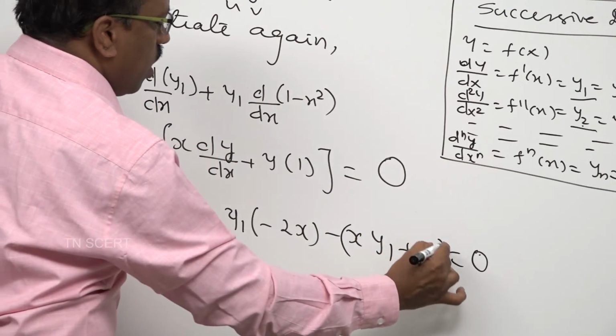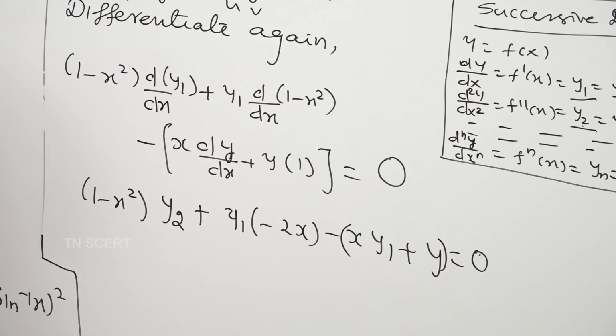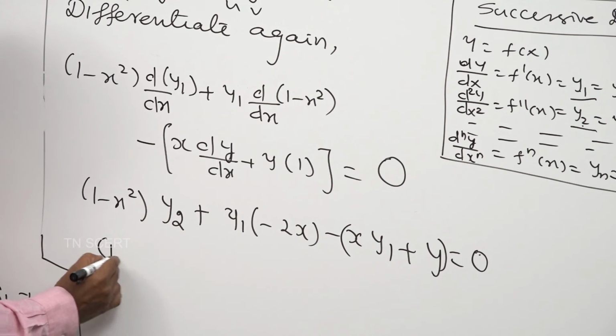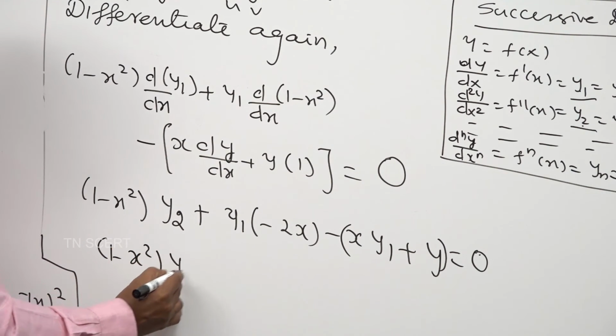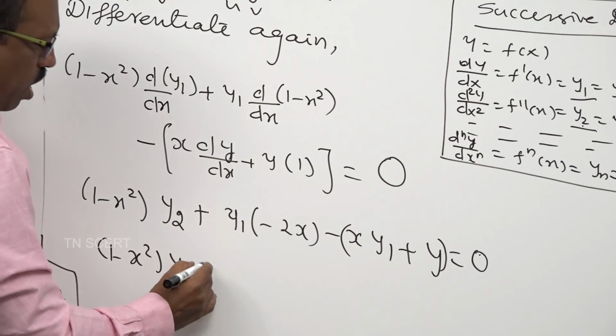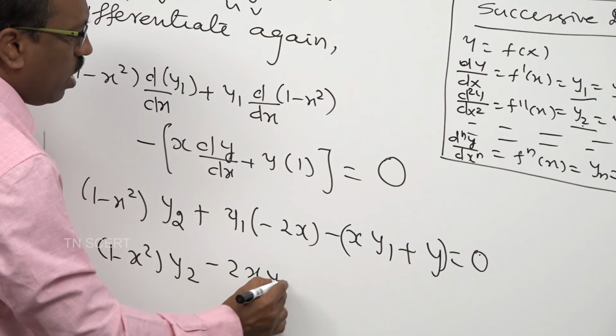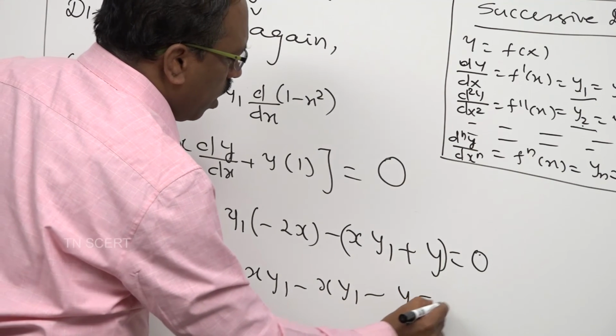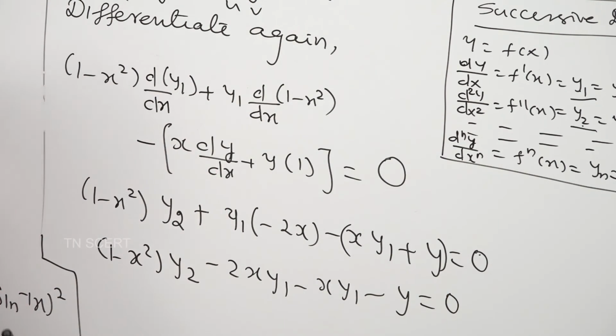This is the minus part. Remember that the minus I put in bracket here: 1 minus x square y2 minus 2x y1 minus x y1 minus y is equal to 0.